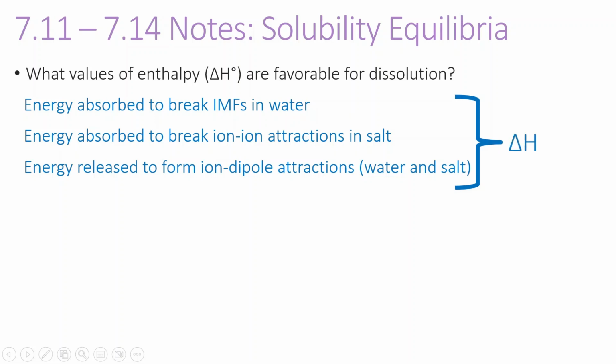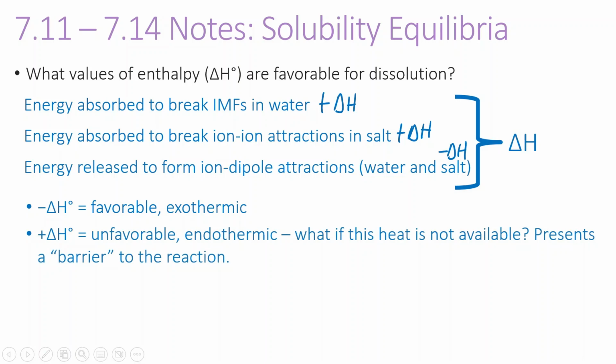Energy absorbed is positive delta H, energy released is negative delta H. So depending on the relative sizes of these changes, that'll dictate whether delta H is positive or negative. So when we have a negative delta H, this is going to be favorable.